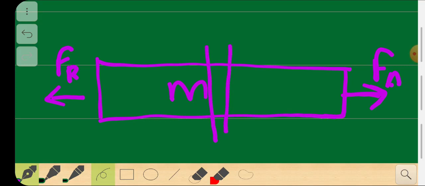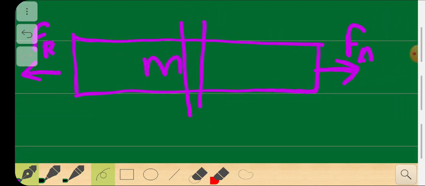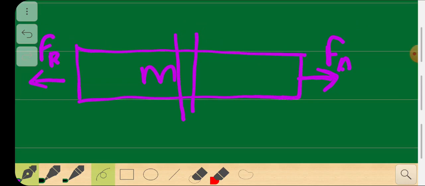And this tension is something that appears if you break this piece up. If you break this piece up, then you have again a new reaction force. You say this is the right part and this is the left part. So there is a reaction force towards the right, which is F of right reaction. And then this reaction force becomes the action force on the left.